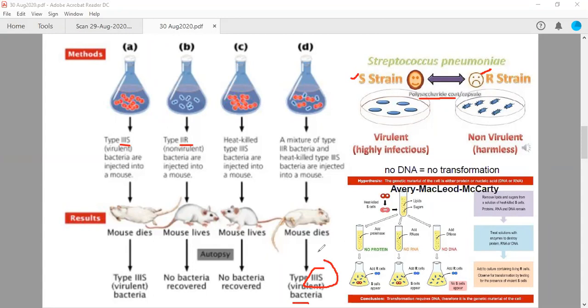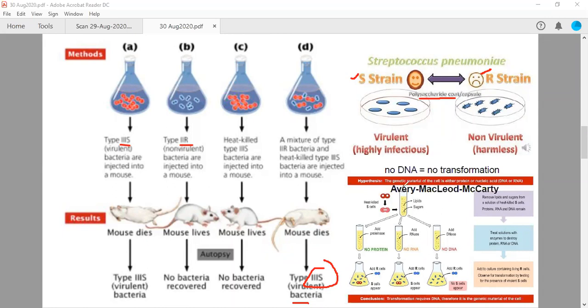So what it signifies is transformation. When these cells, shown here in red color, are heat killed, they release their DNA into the surroundings, and these fragments are taken up by the blue colored cells, which are 2R, and they transform these 2R cells into the virulent form, and these virulent 3S forms kill the mice.